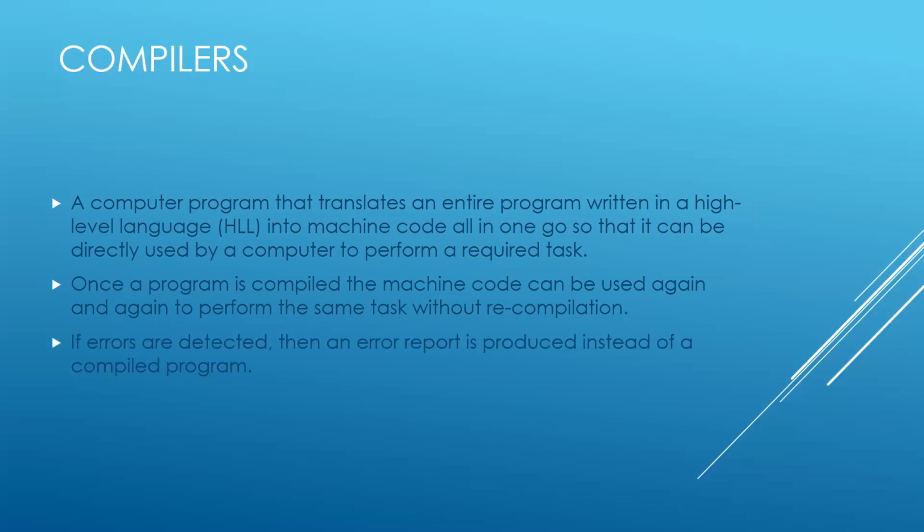But one thing, if there is any problem encountered by the compiler, it will not move ahead until that error is removed, because it is going to create an error report containing all the errors. Once all the errors are removed, only then is the compiler going to create the exe file.